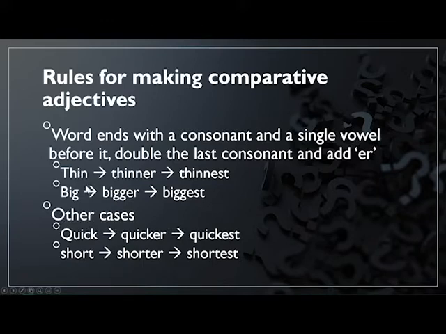So to make it comparative, we double the consonant and add ER. It will not be just one N, it will be two N's. So thinner is the comparative adjective. Thinnest becomes the superlative adjective, adding EST at the end and doubling the consonant.